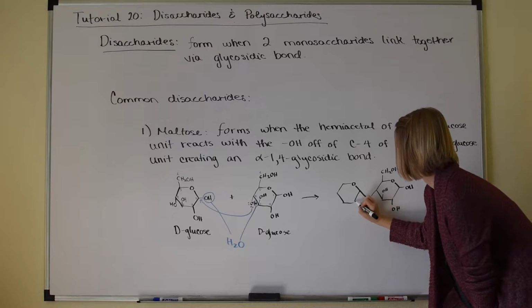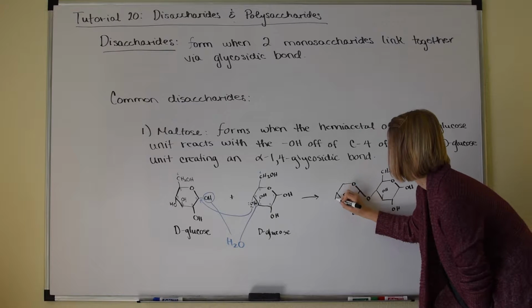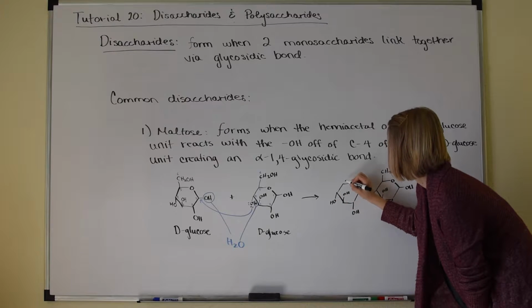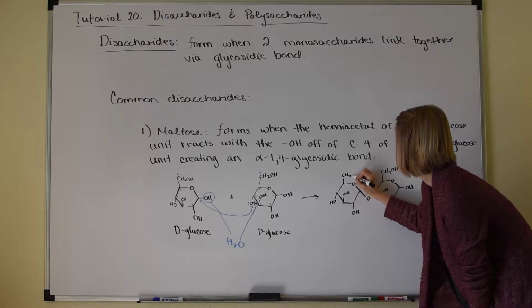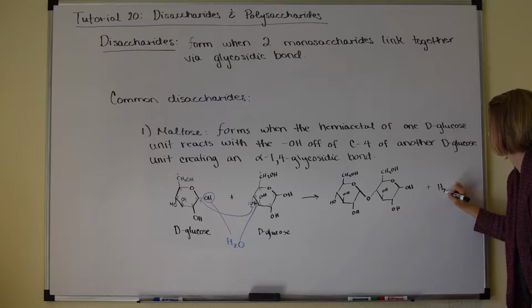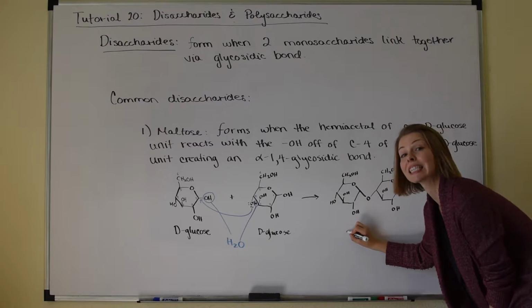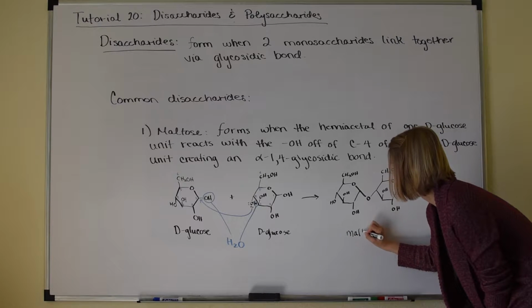Okay, and then we're going to go down, up, down, up. Don't forget your byproduct is H2O. And now this is a disaccharide known as maltose.